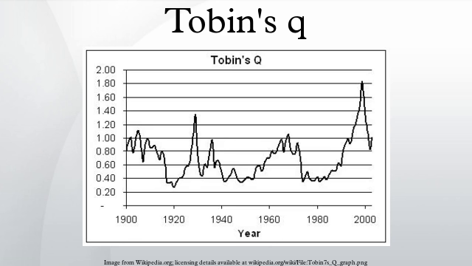Some companies seek to develop ways to measure intangible assets such as intellectual capital. See balanced scorecard. Tobin's Q is said to be influenced by market hype and intangible assets so that we see swings in Q around the value of 1.